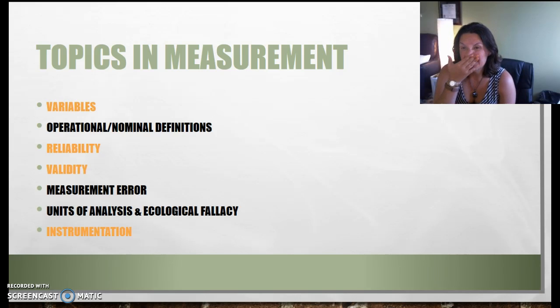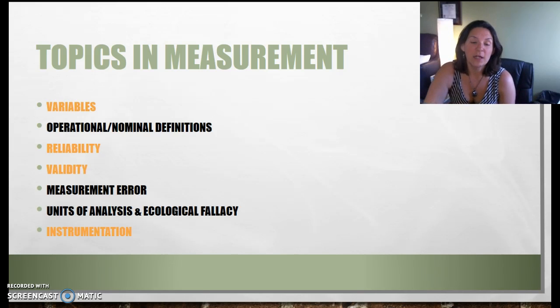That's one of the things that you do in your next draft paper. I'm not going to say much at all about measurement error, but that's covered in the text and is pretty important. I'm also not going to say much about units of analysis and the ecological fallacy, but this is just a heads up to pay attention to what those things mean when you do your readings.